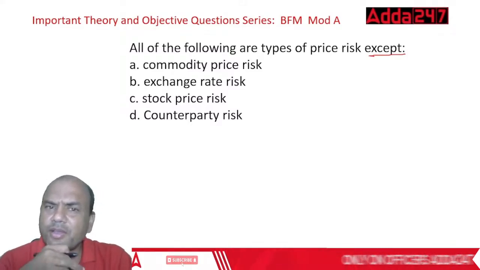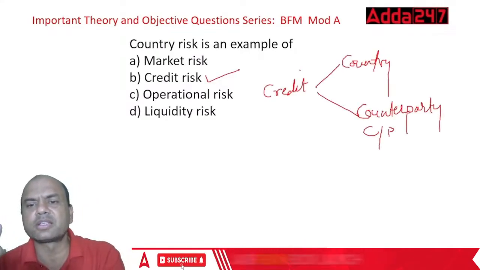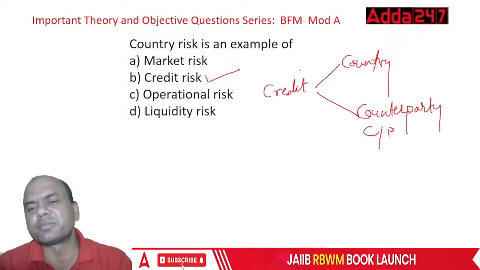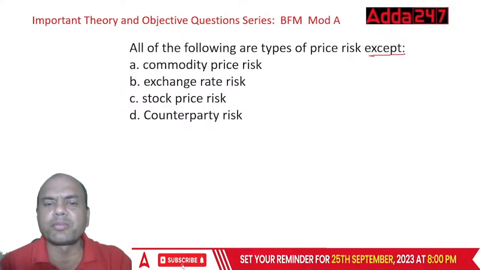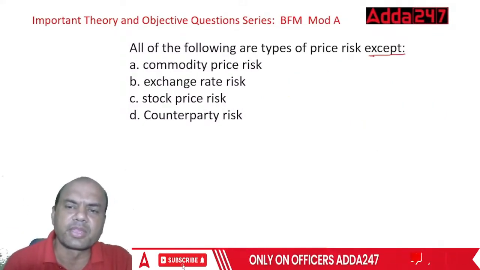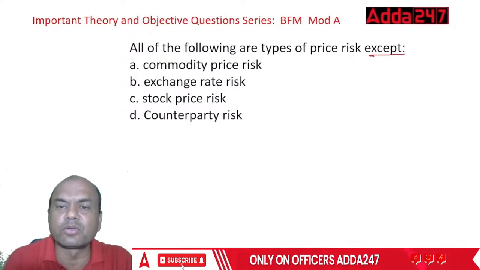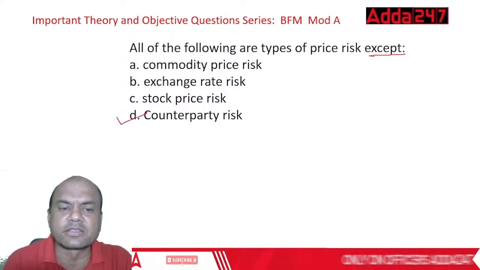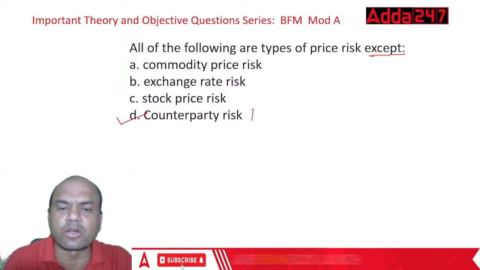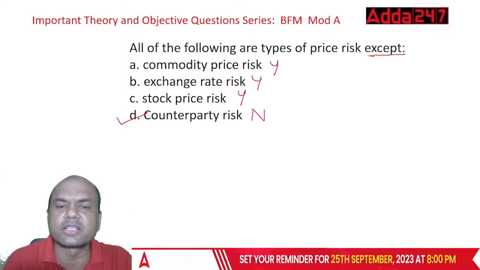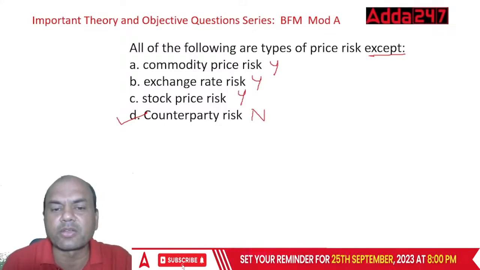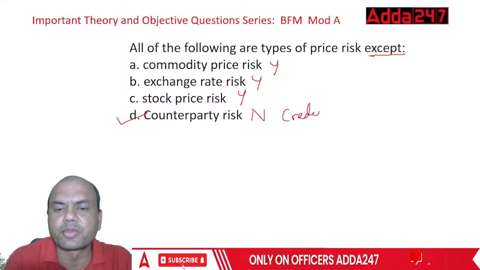Credit risk has two parts, country and counterparty. So counterparty will be a part of what? Will it be a part of price risk? No, it is a part of credit risk. This is not the one. This is yes, this is yes, this is yes. All these are price risks. But this is the part of credit risk.